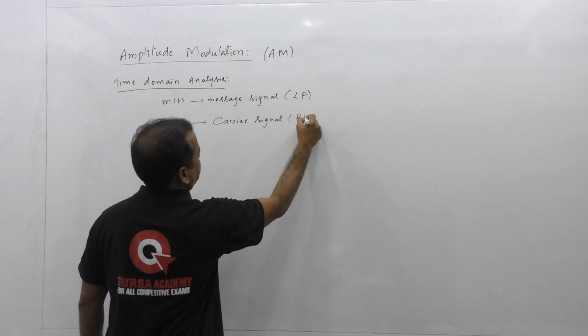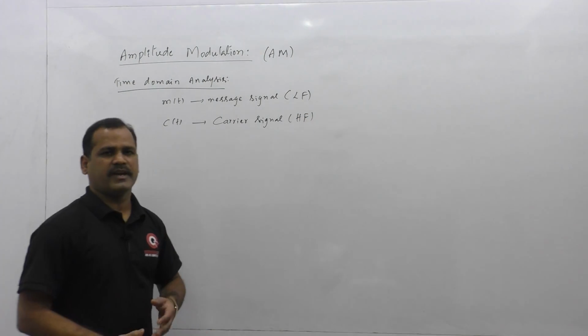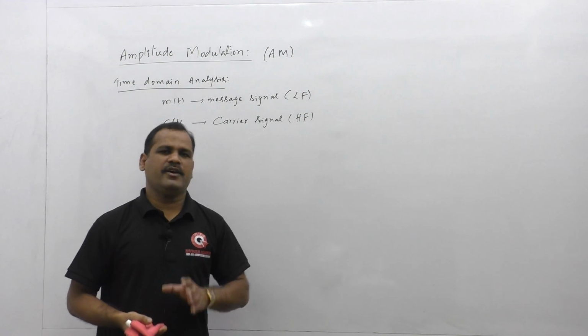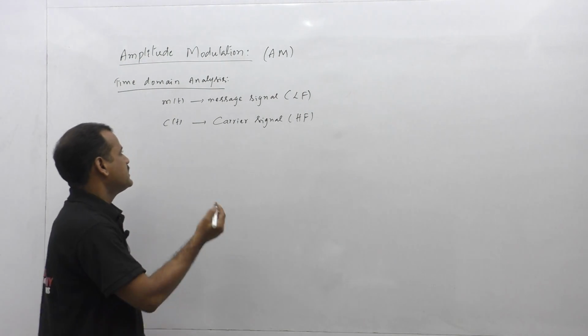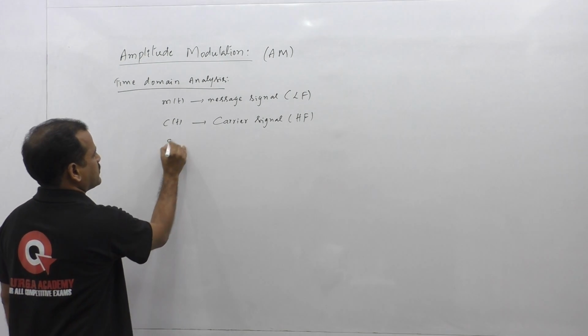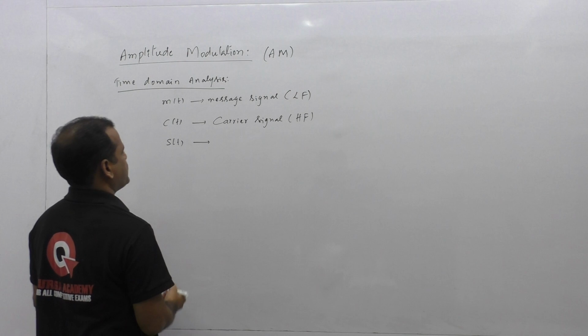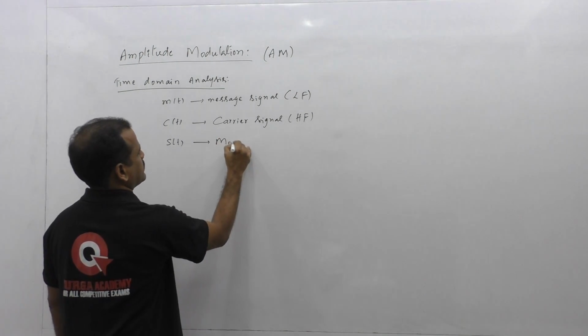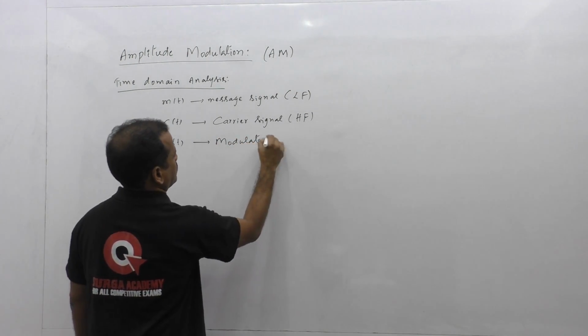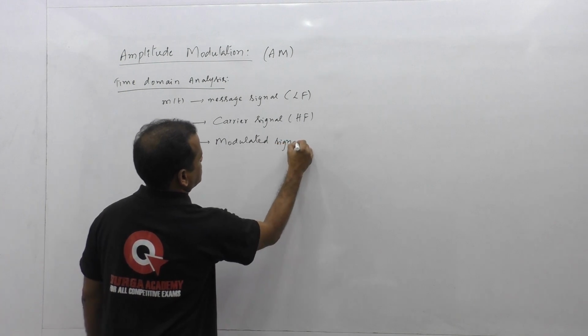This is a high frequency signal. Generally we will consider the carrier signal a sinusoidal high frequency signal. After the process of modulation, we will take the modulated signal, represented with s of t here. This is the modulated signal.